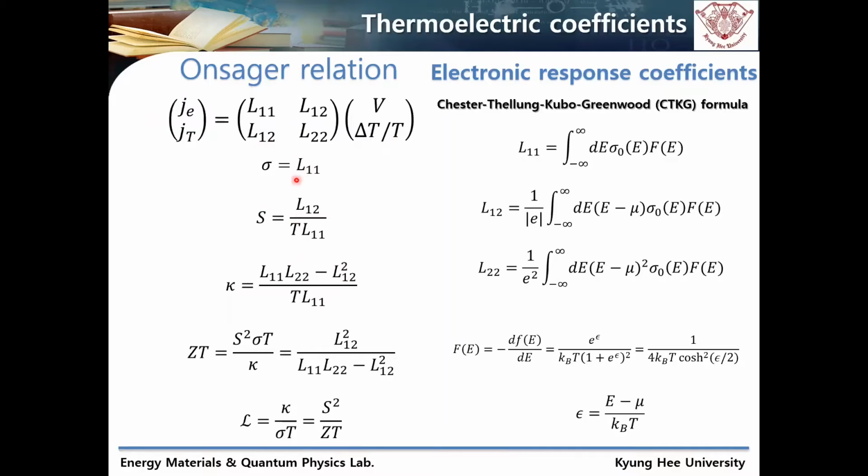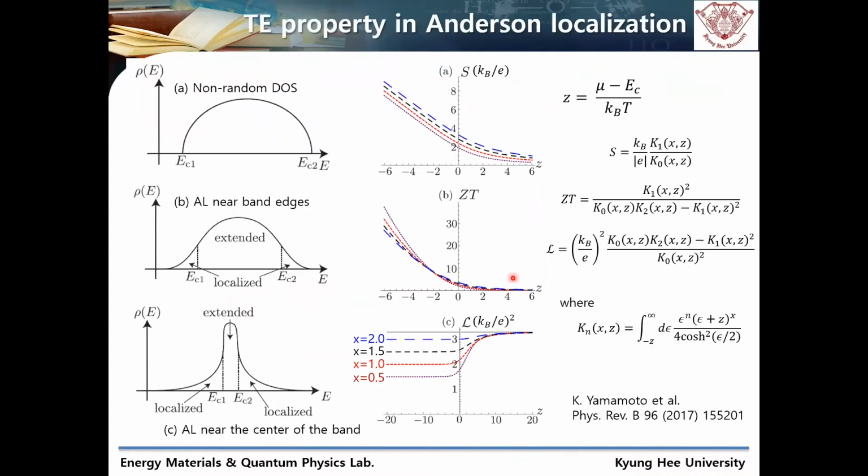This Onsager coefficient can be calculated from the electronic response coefficient, like the Chester-Thellung-Kubo-Greenwood formula, from this relation. Therefore, when we think about Anderson localization, the thermoelectric properties can be calculated with this formula.